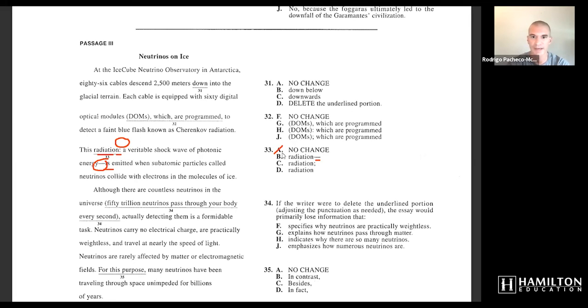B gives us that dash. This is our correct answer. We can't use a semicolon because we can only use a semicolon to join two independent clauses. And D is missing punctuation. We need another dash here to frame those non-essential elements. And that's why B is our correct answer.